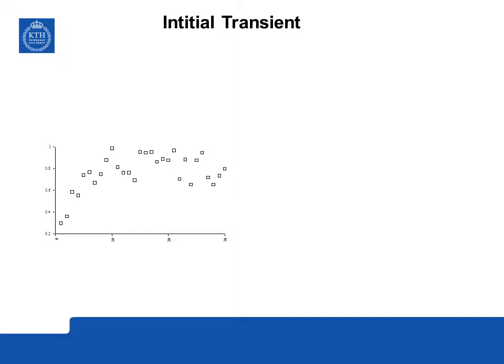The data during the first time period after starting the system has a very different behavior than the data that we'll receive later when the system has been running for quite some time. In the queuing system, this may be due to the fact that the queuing system may be empty when we start. And so for instance, the delay is very much lower at the beginning of the simulation.